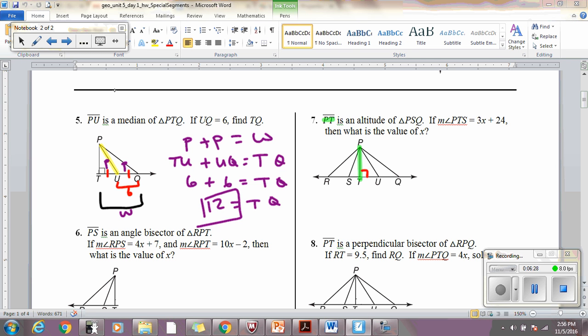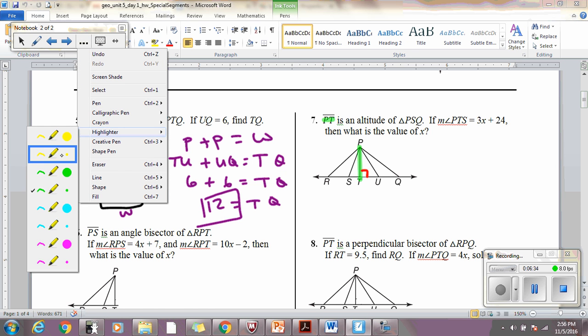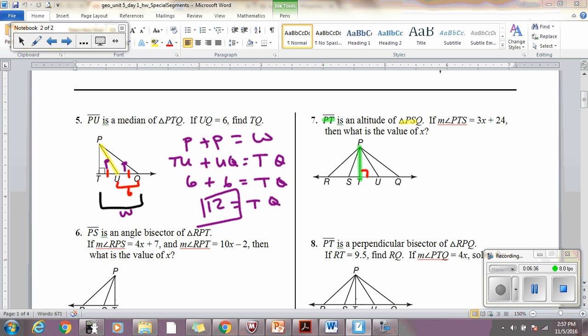And it's the altitude of triangle PSQ, so let's highlight that triangle as well. Triangle PSQ. Okay.